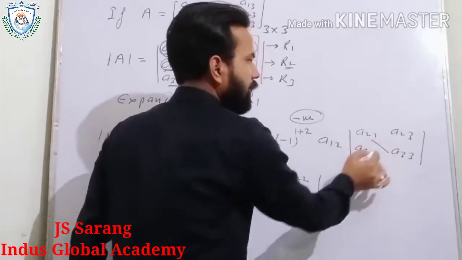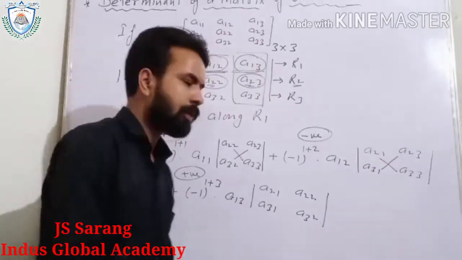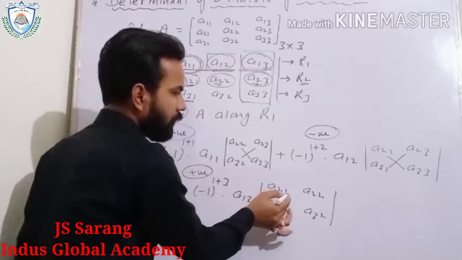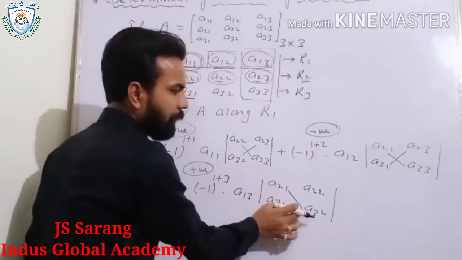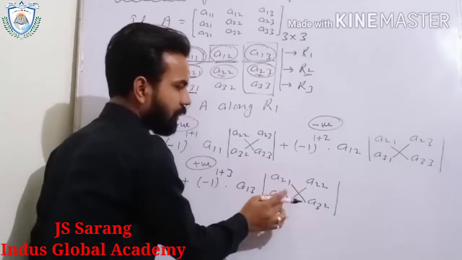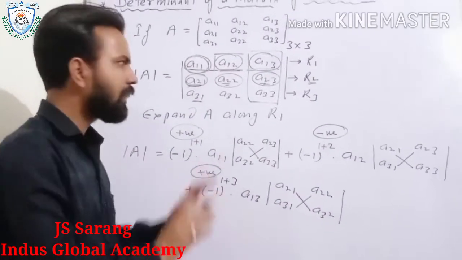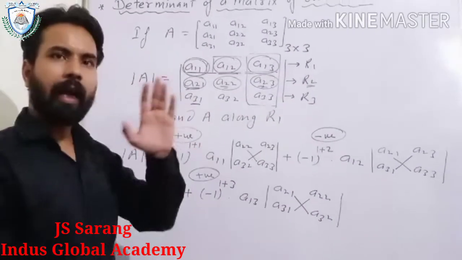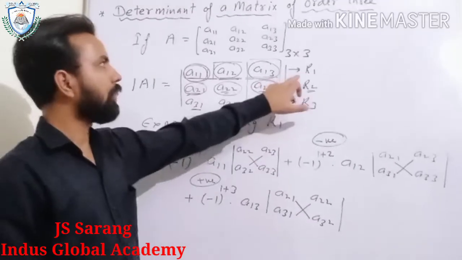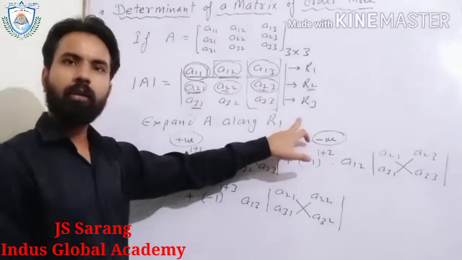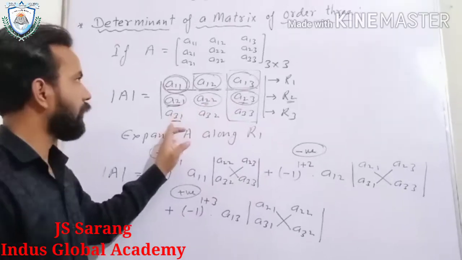This is multiplied by this and this is multiplied by this. Same we can simplify this. This element is multiplied by this minus this element is multiplied by this. Understood?